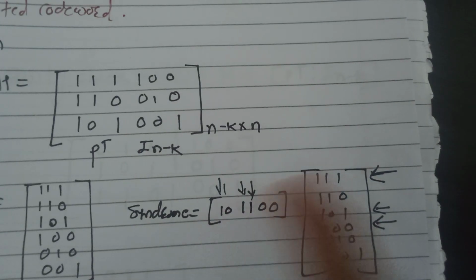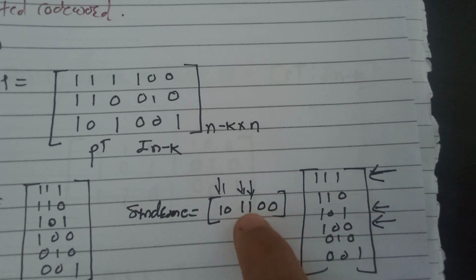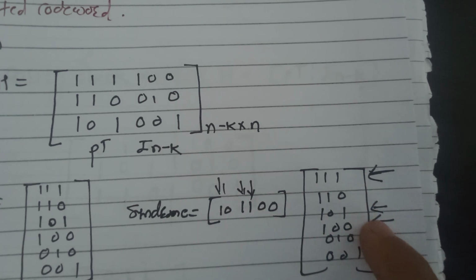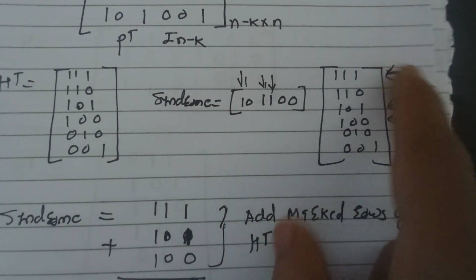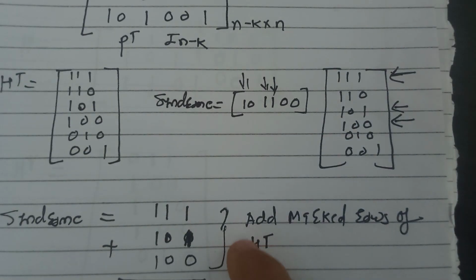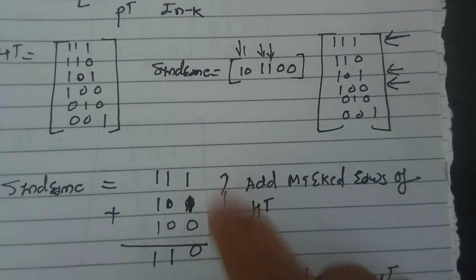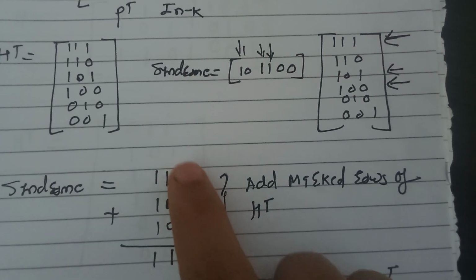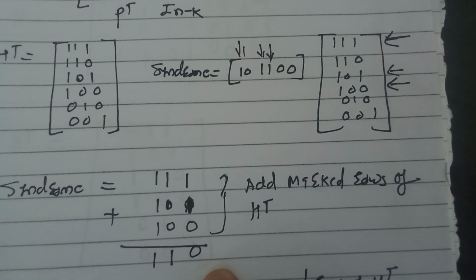The first bit position is 1, so the first row; the third bit position, so the third row; and the fourth bit position has 1, so the fourth row of H^T. Taking those rows, 111, 101 and 100, you do the addition: even 1s give 0, odd 1s give 1, so 110 is your syndrome.